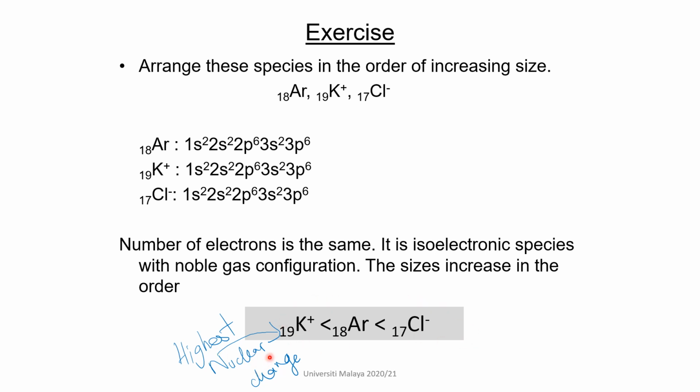You can see that potassium has the highest proton number, which gives potassium the highest Zeff, followed by argon with 18, and the least nuclear charge is in the chloride ion. That's why the chloride ion is the biggest.